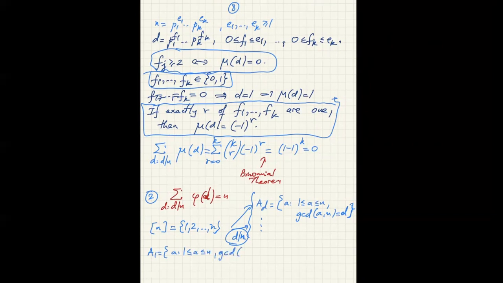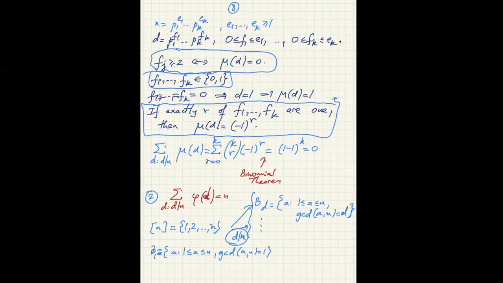Let me change this A, it's not good notation because we used A before. Let's call it B_D, B_1. B_1 will be all the ones where the GCD of A and N is 1, and so on for all the other divisors of N. You can have B_2, B_3, whatever, depending on the divisors of N.